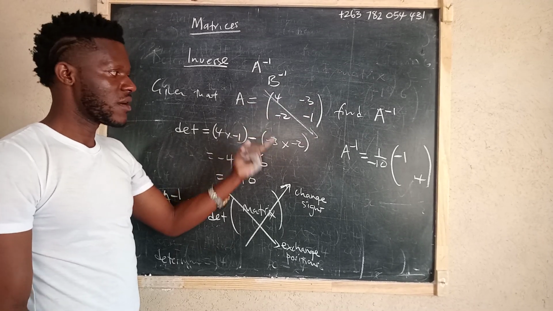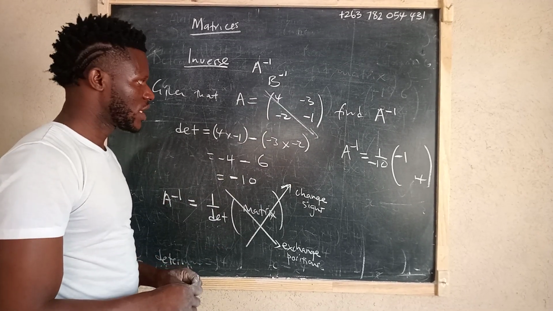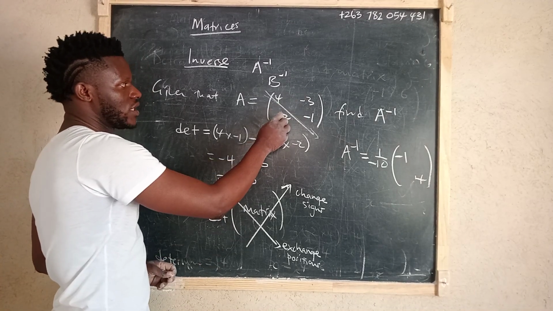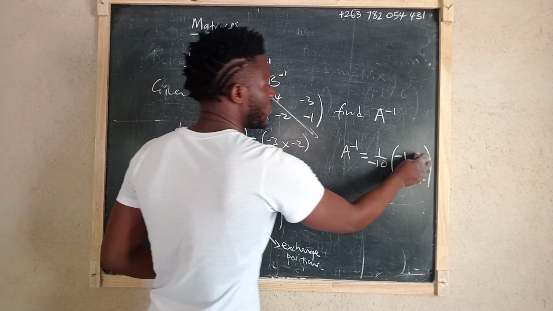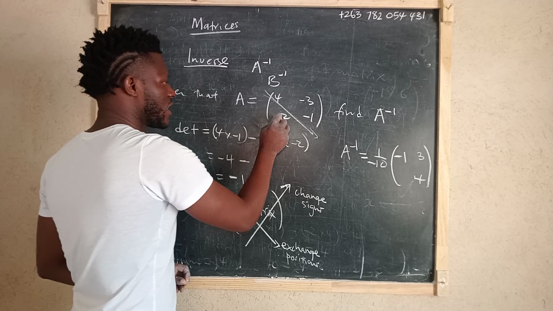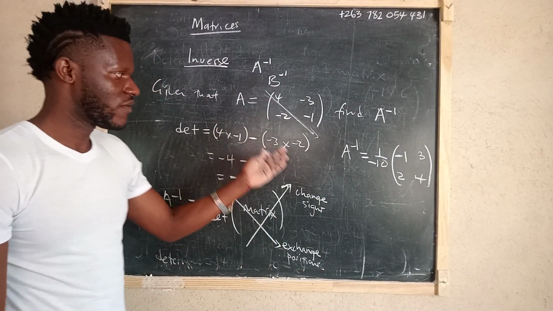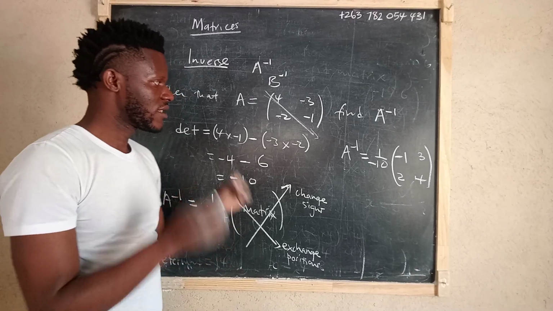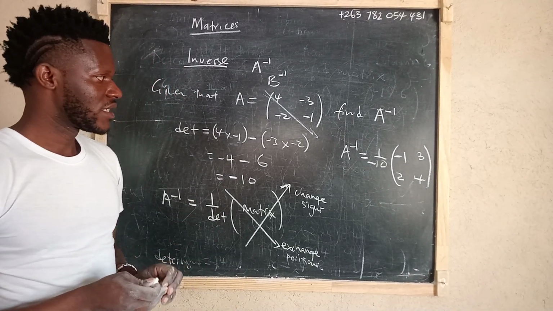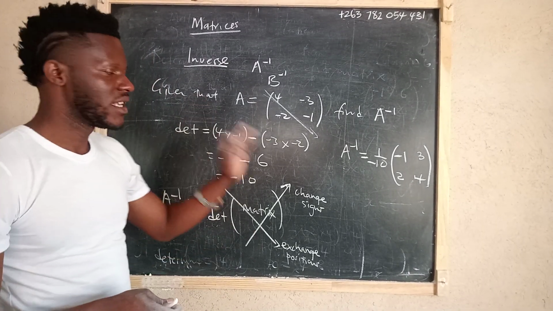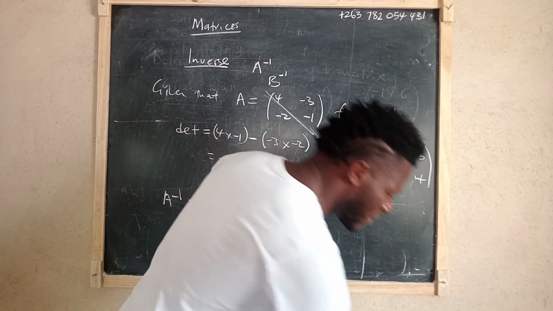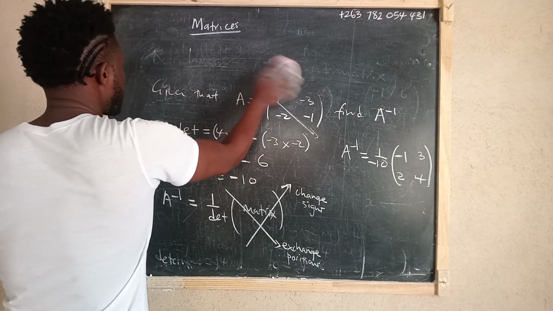In off diagonal, they maintain their positions, but the signs will change. This was negative 3, becomes positive 3. Negative 2 becomes positive 2. If they were originally positive, they will become negative. Thus, inverse of a matrix. So it's simple, guys, to find the inverse of a matrix and the determinant of a matrix.